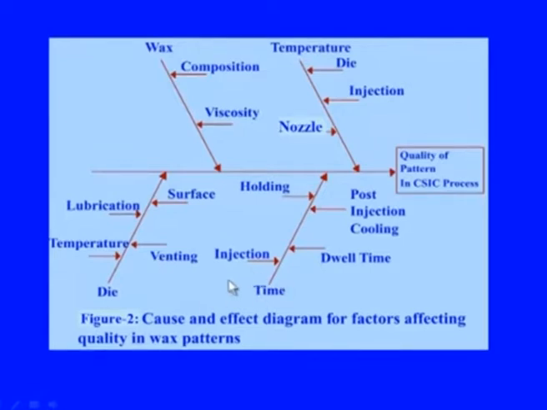Then other parameters, time based parameters: a very important parameter is injection time, then holding time of course, then post injection cooling and dwell time. These are the most important parameters that influence the quality of a product obtained by this CSIC process.